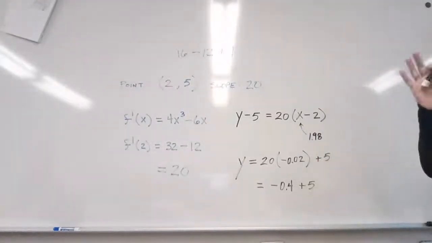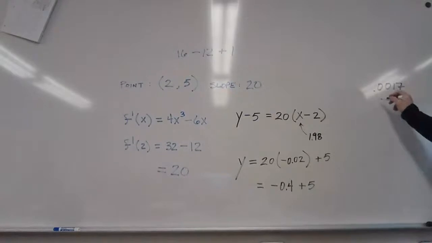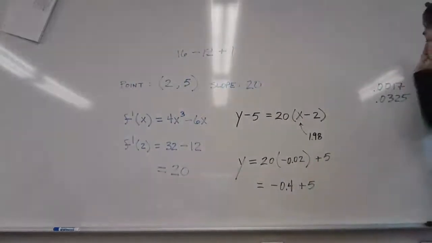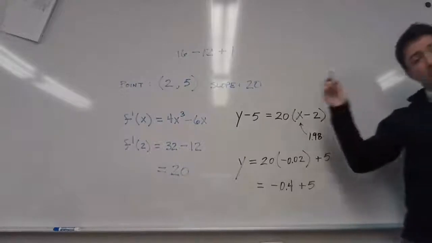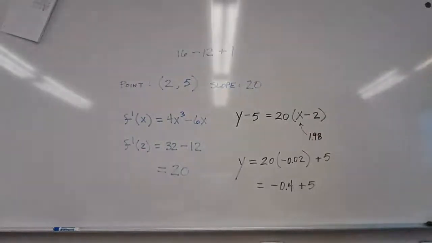I'm not gonna, so just be aware on your quiz. I'm not gonna ask you to do like 0.0017 multiplied by 0.032. Like, I'm not gonna ask you that. It's gonna be extremely simple stuff like this. So if you find yourself doing some kind of crazy long multiplication, it's no calculator, like the AP test.